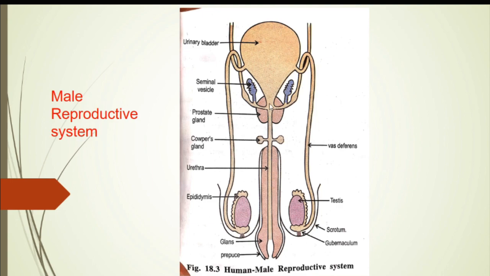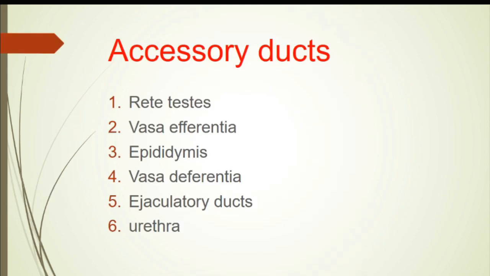So the details about the accessory ducts we can see one by one. This figure shows the accessory ducts: rete testis, vasa efferentia, epididymis, vasa deferentia, ejaculatory ducts, and urethra.